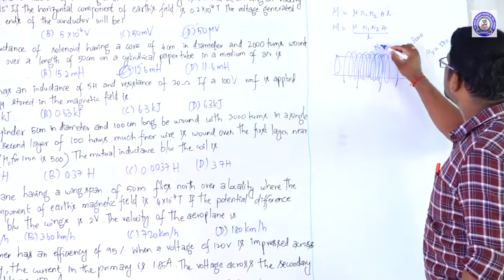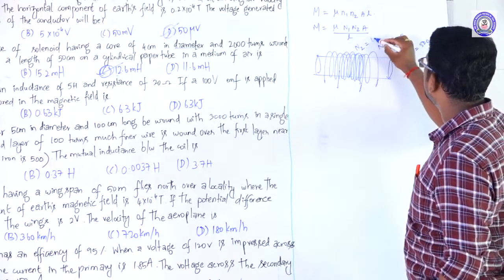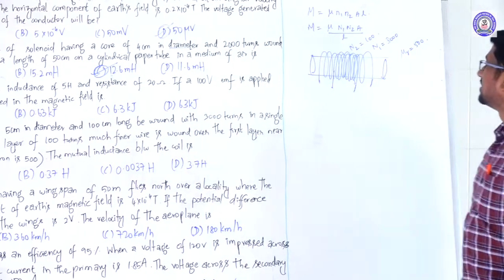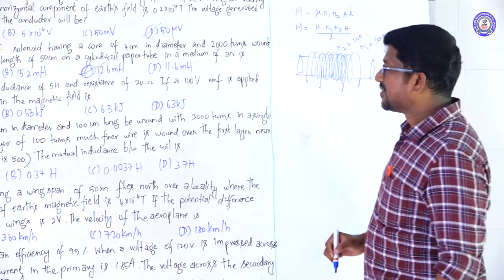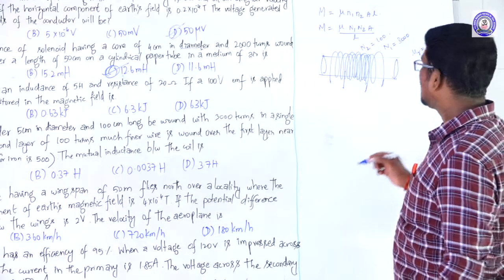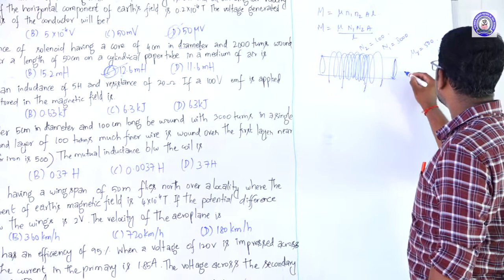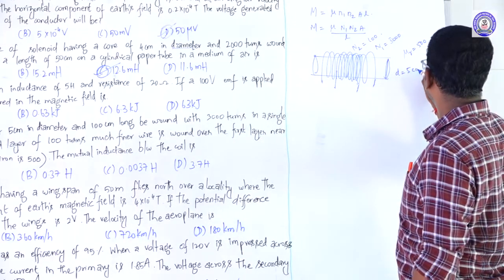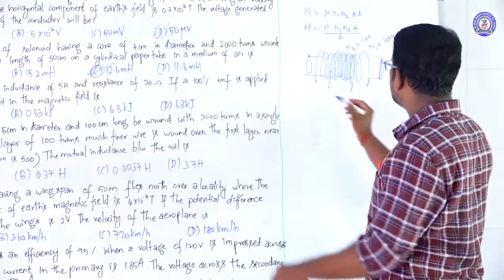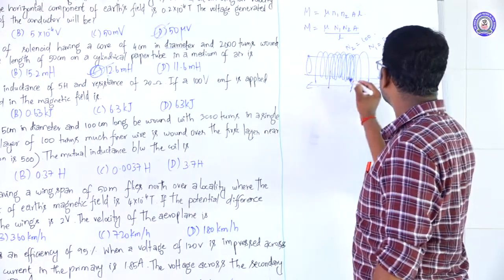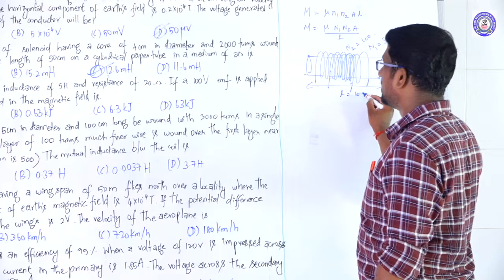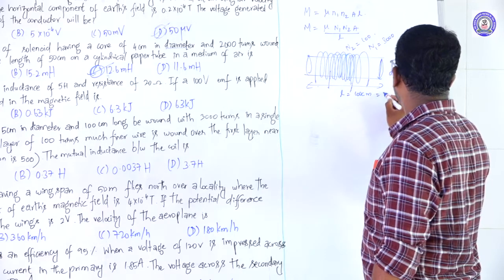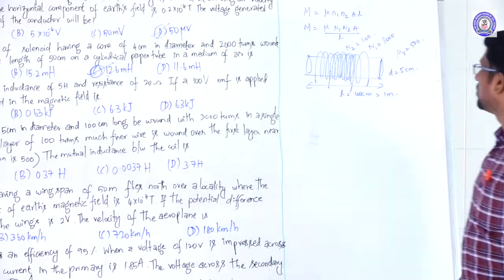The number of turns in the second layer N2 is equal to 100 turns. Next, the diameter of the cylinder is also given, that is 5 cm. And the length of the cylinder or length of the coil L is equal to 100 cm or 1 meter.